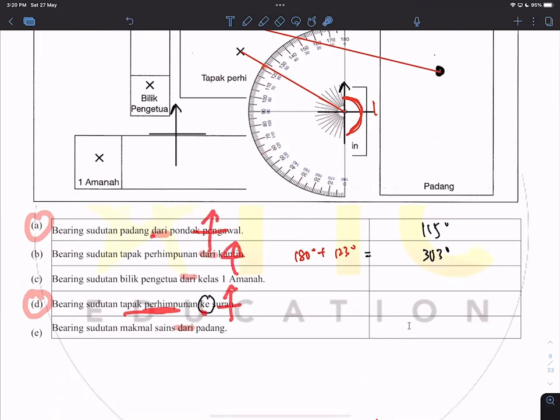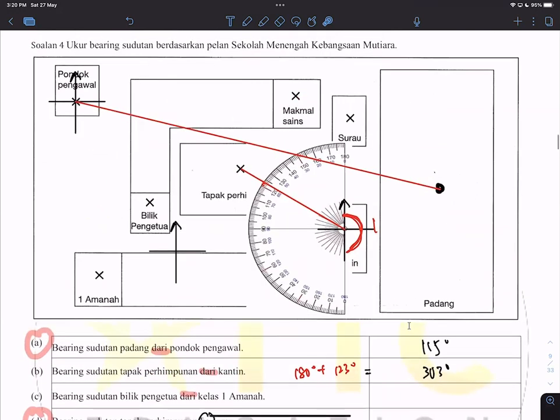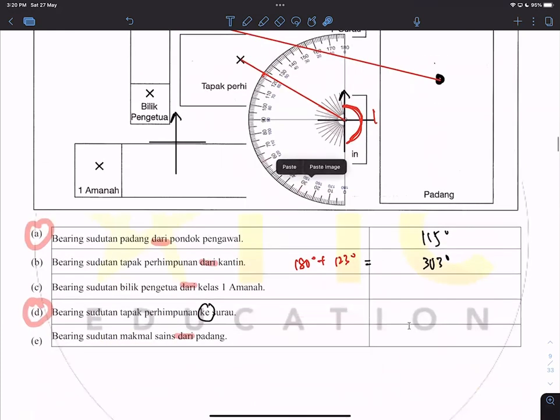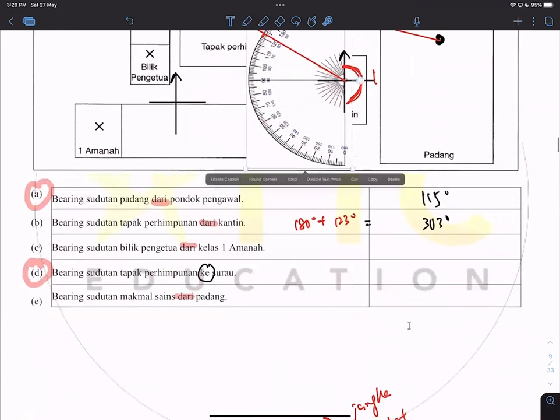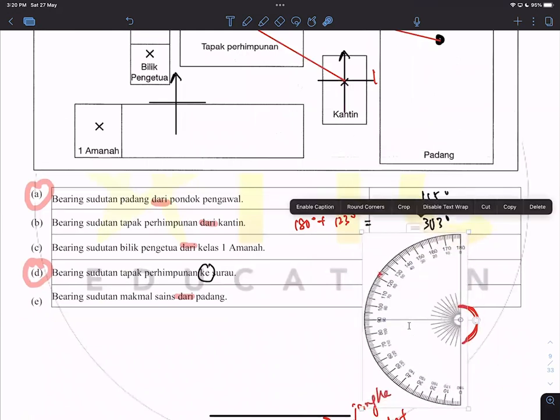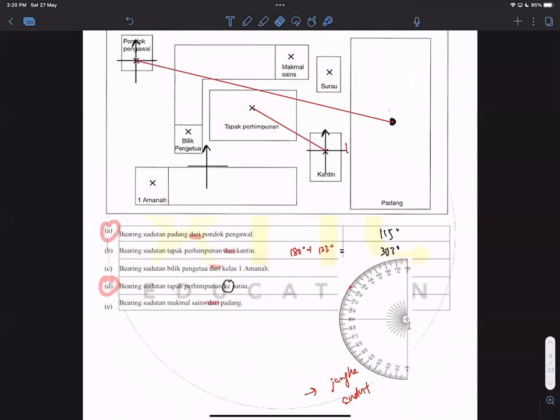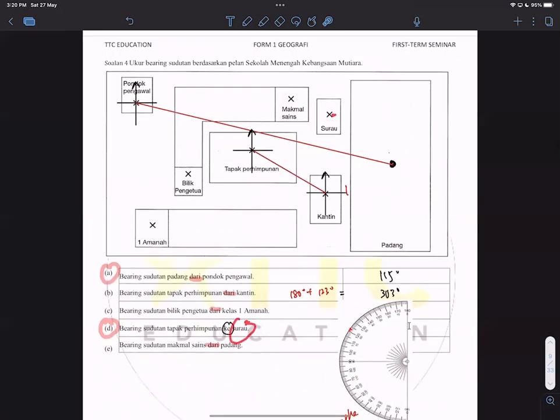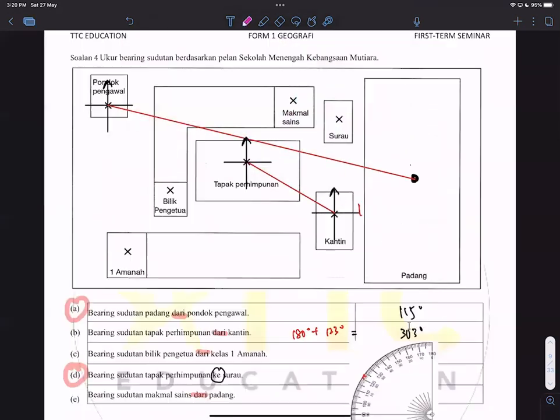But this is ke, which means tapak perhimpunan, we have it. So let me move the jangka lukis. Okay, so tapak perhimpunan, this part, until where? Until surau. So surau is here.